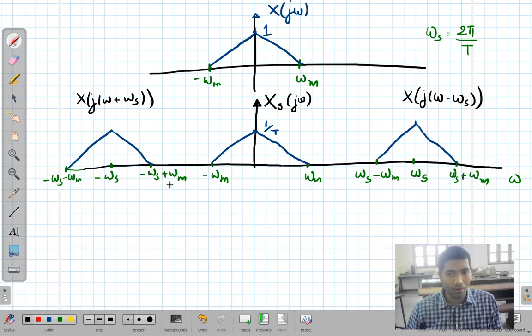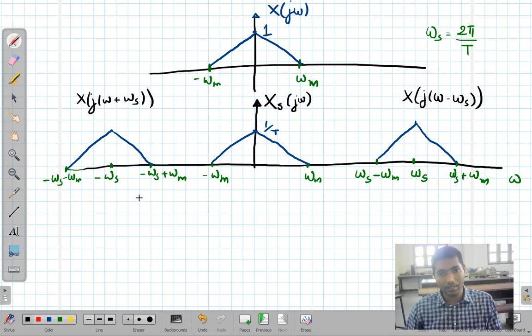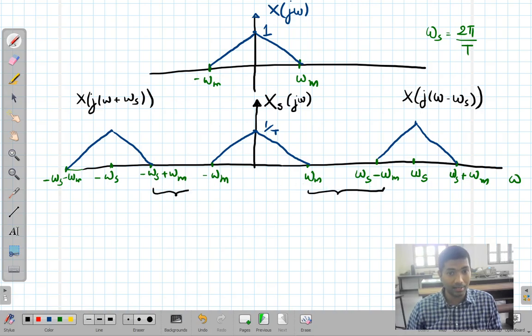Here I have drawn ωs more towards the right, and here also ωs is more towards the left. I have drawn this intentionally so that there is a gap between these two quantities. So here is the critical part. You need to understand this part very well to understand the sampling theorem.